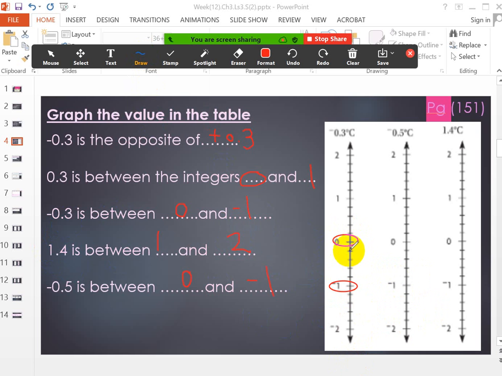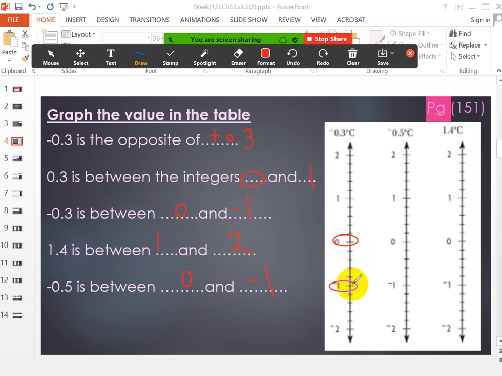This is 0. The number line is divided into 5 parts between 2 wholes, right? That means the first one will be 0.2, 0.4, 0.6, 0.8, and 1, a whole.